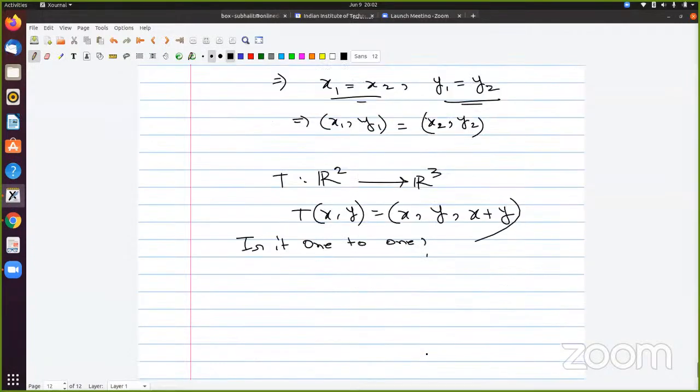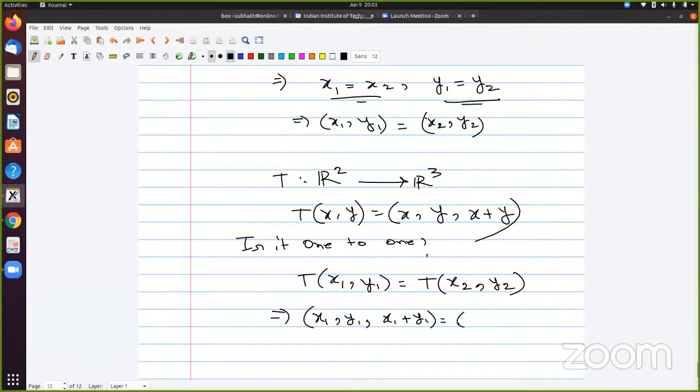I am getting two types of answers, so let me check. You know how to check, right? So the first equation gives x1 equal to x2, y1 equal to y2, and x1 plus y1 equal to x2 plus y2, right?